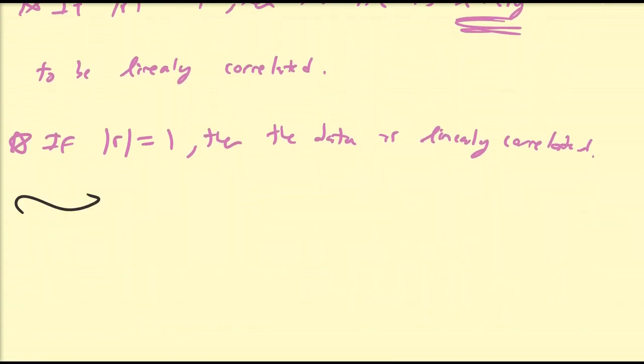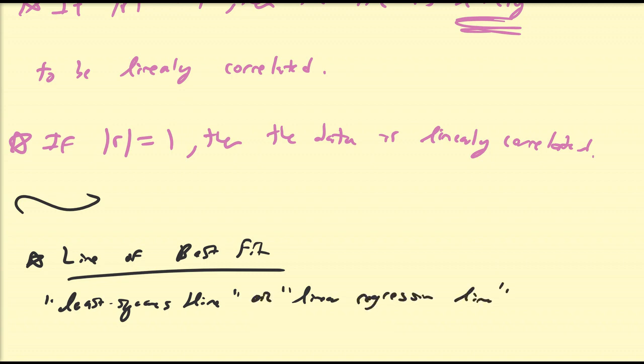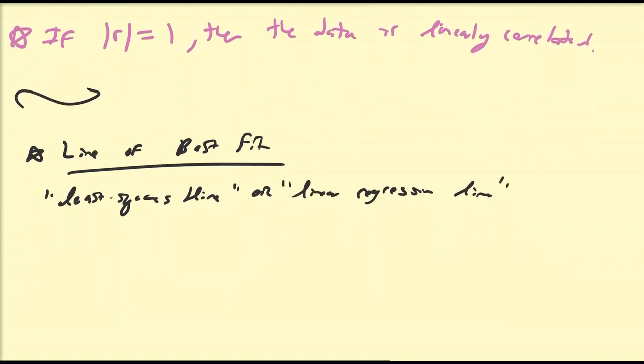Another thing that is typically discussed in some basic bivariate analysis is what we call the line of best fit. Some people also refer to this as the least squares line or the linear regression line. These are two alternative names for this.